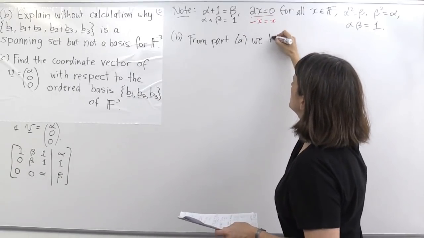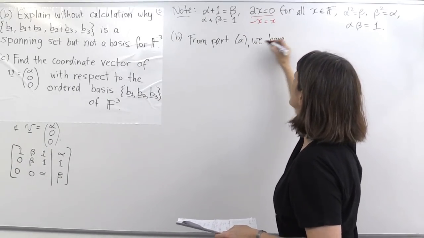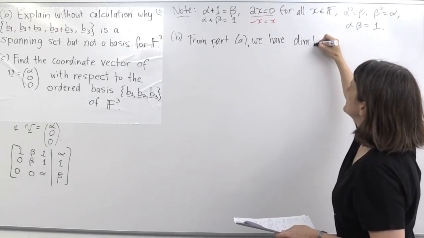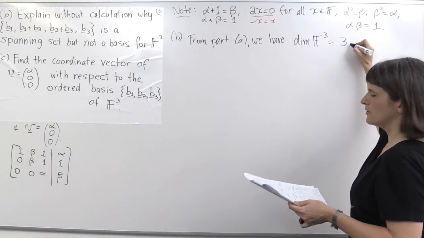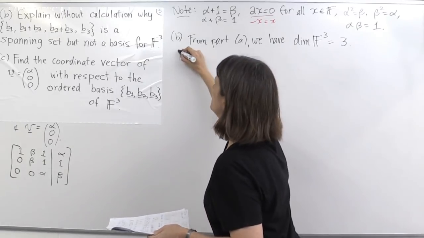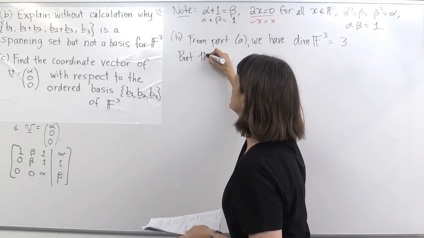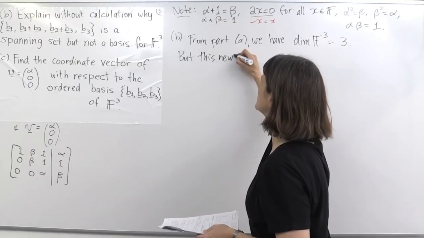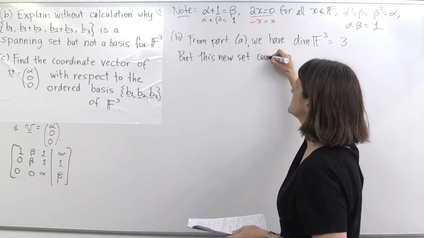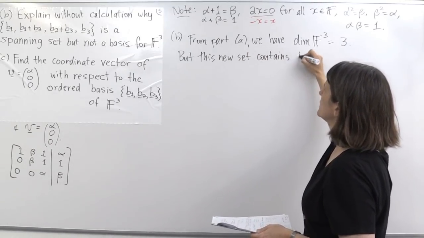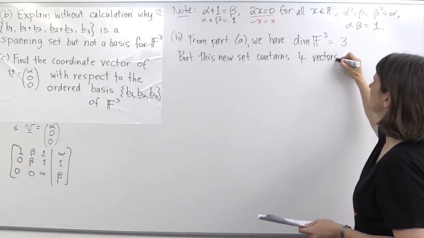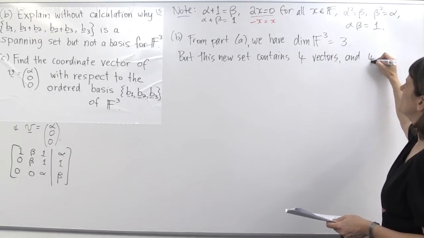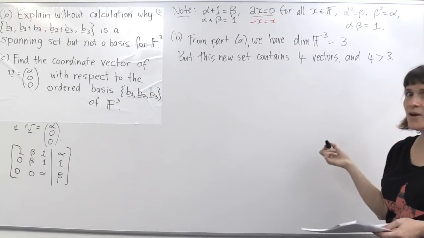we have that the dimension of this vector space F3 is obviously 3. But this new set contains 4 vectors, and 4 is obviously bigger than 3.